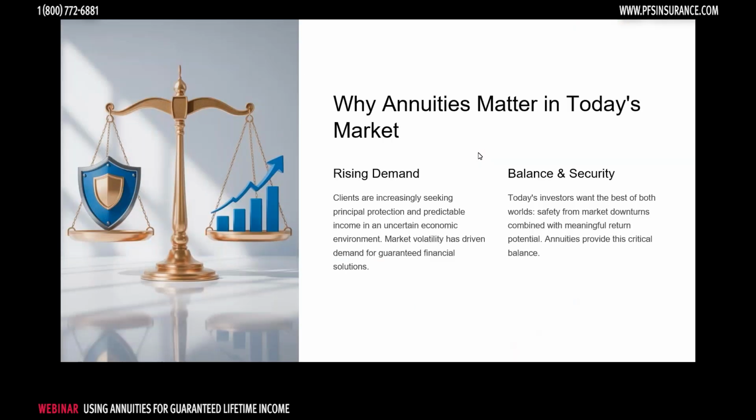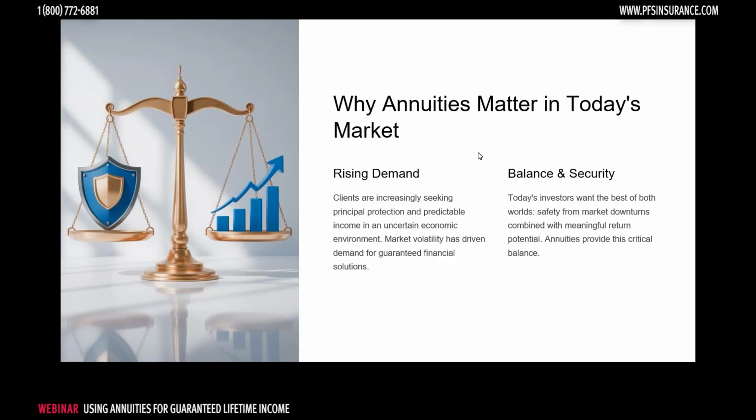So let's take a look at why annuities are in demand these days. Couple reasons. One, as we've all experienced, the stock market and those variable products that your clients may have are pretty volatile, right? They go up and down, unlimited upside, but also unlimited downside.